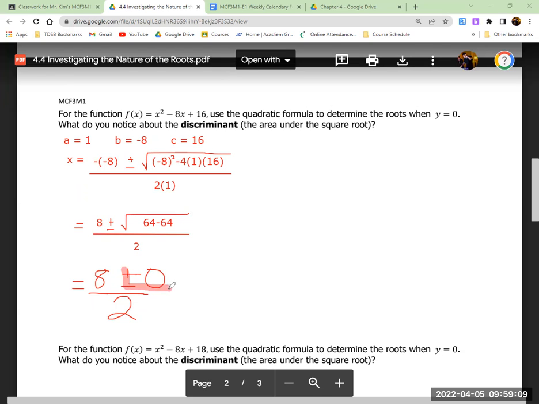The square root portion turns into a thing that doesn't change the value. Therefore, when y equals 0, x must equal 4 only.